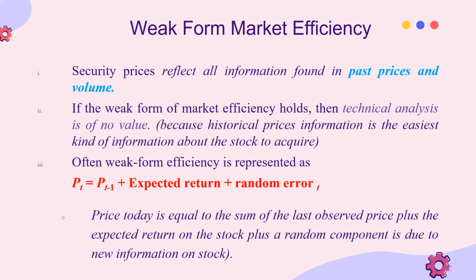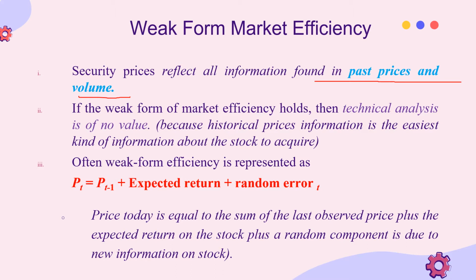So, the security price reflects all information found in the past price and volume. Okay, apa yang kita dapat faham kat sini? Kita akan dapat price based on the last information, ataupun in other words kita boleh kata harga dipengaruhi oleh info yang lepas.